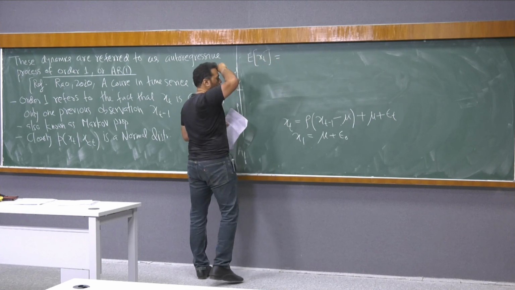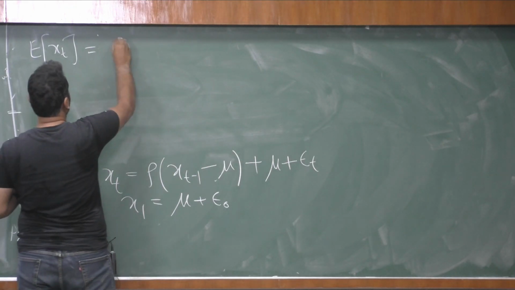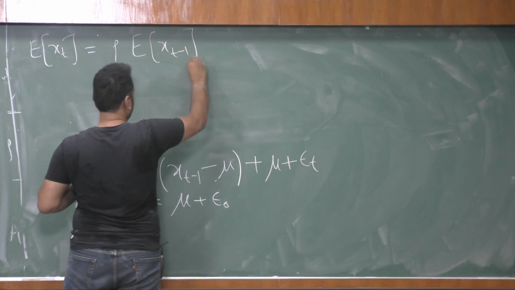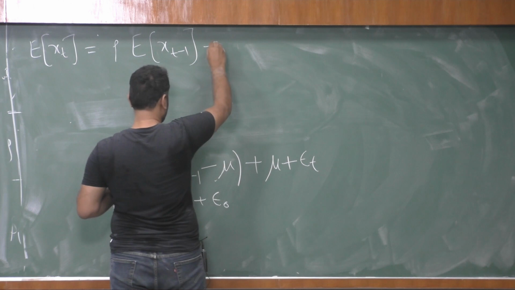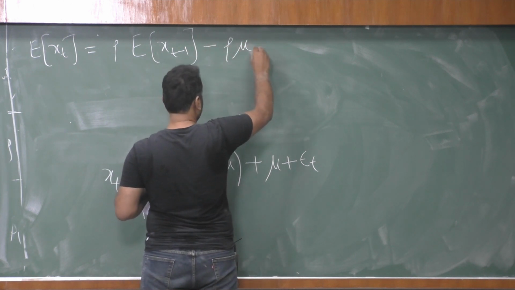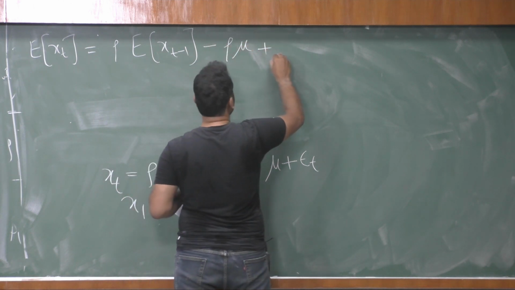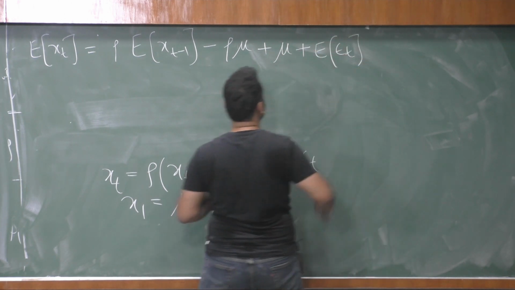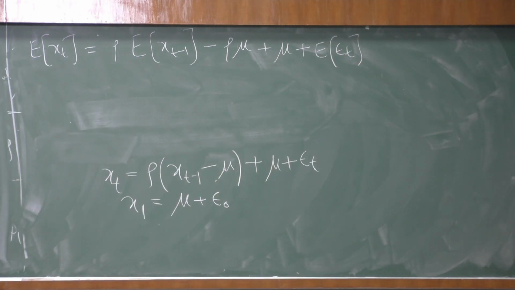We compute the expectation of xt. Expectation is linear, so rho comes out, and this is the expectation of xt minus 1 minus rho mu plus mu plus the expectation of epsilon t, which is 0 because it is sampled from a normal with 0 mean.